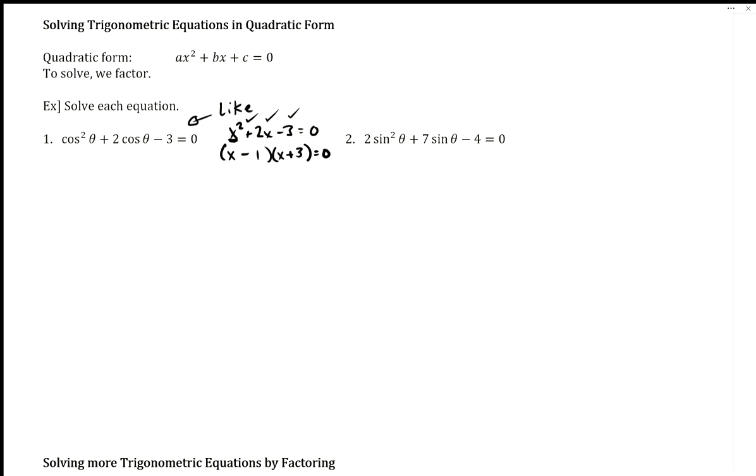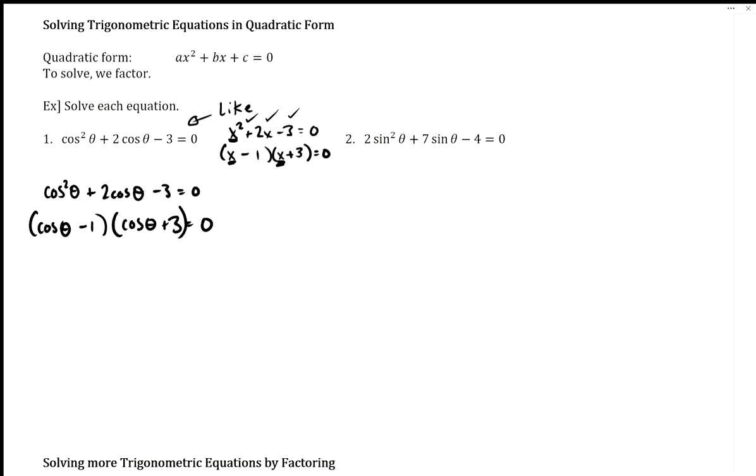So that means our equation, let me rewrite it down below a little bit. That means our equation here factors the same way as that, except instead of x, it's cosine of theta. So we would factor it as cosine of theta minus 1 and cosine of theta plus 3, in parentheses, set equal to 0.